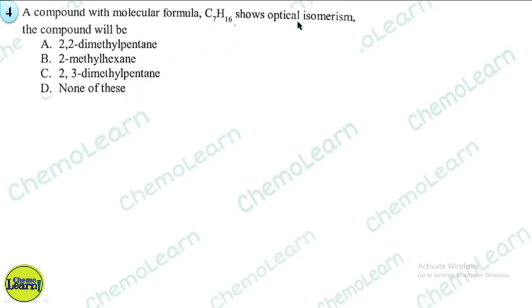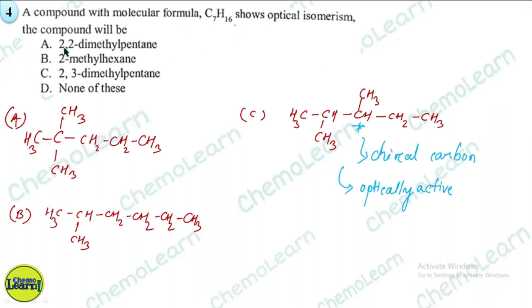See, a compound is optically active, that means it can rotate plane polarized light, and optically active means it has at least one chiral carbon atom. What is a chiral carbon atom? Chiral carbon means it should be connected to 4 different groups or 4 different atoms. So you have to find out the chiral carbon atom in all these compounds.